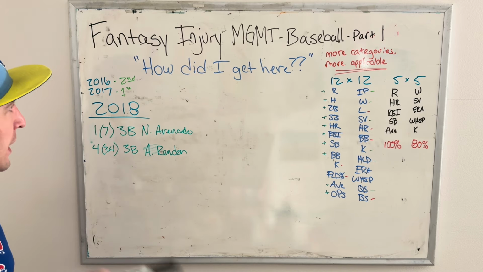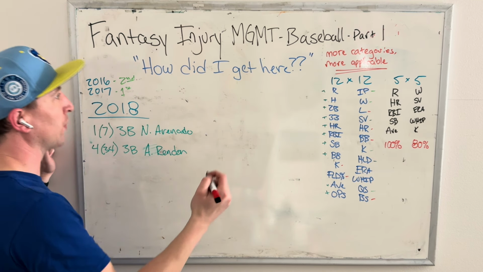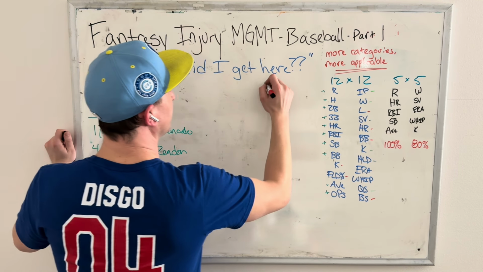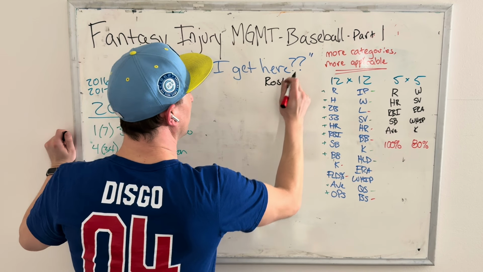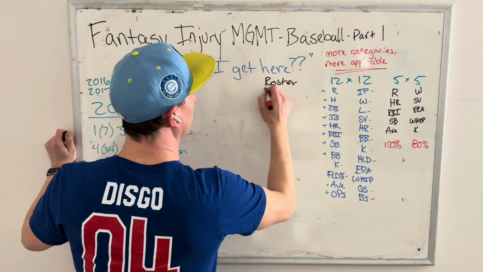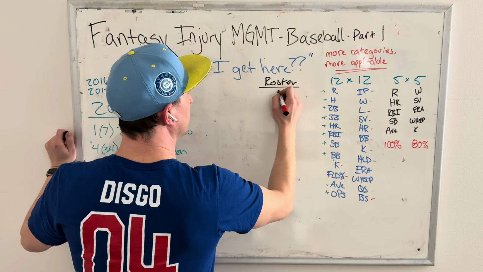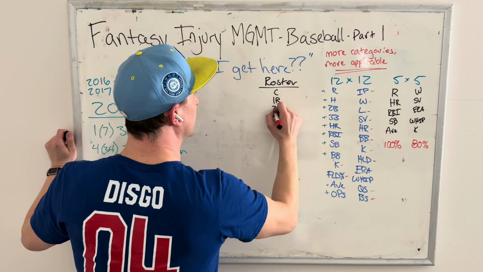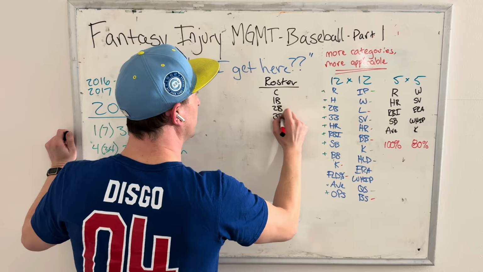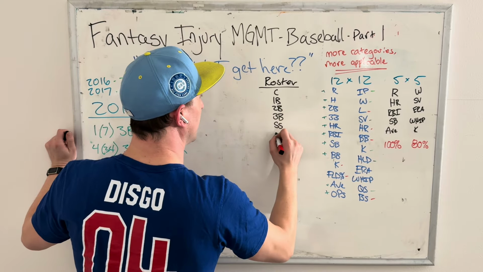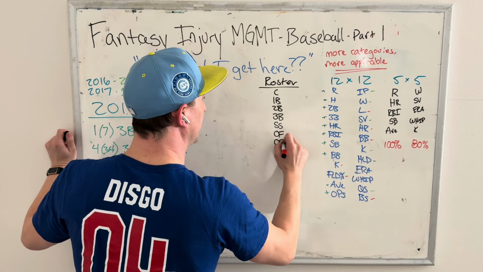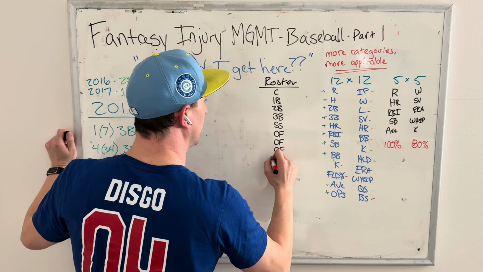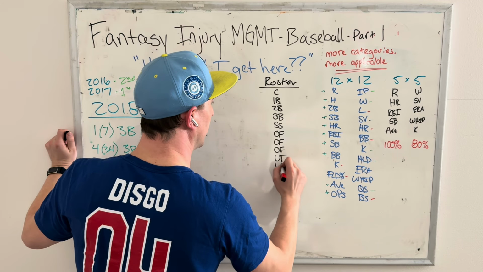However, in my league, the roster construction was catcher, first base, second base, third base, shortstop, outfield, outfield, outfield, util, util.